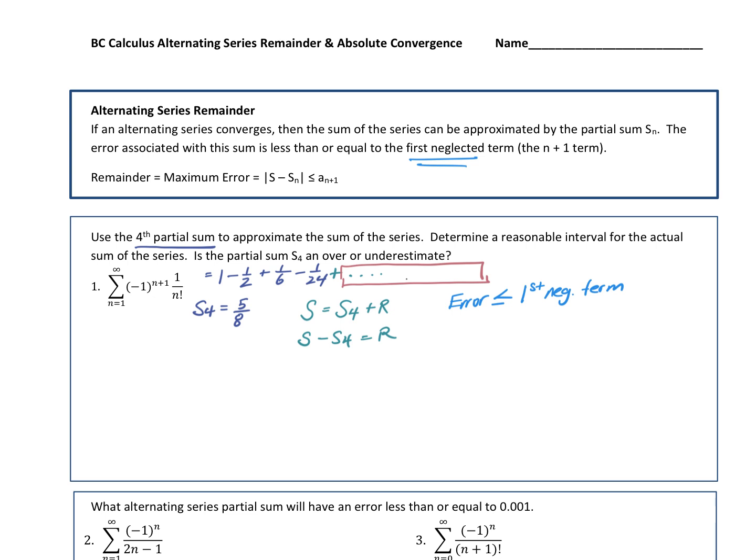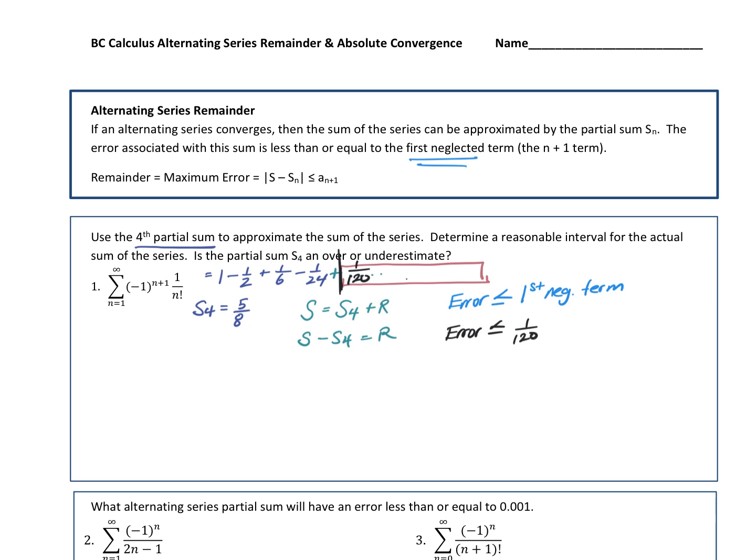So if I'm adding up the first 4 terms, the 5th term is the first neglected term. You always want to go out one more term than what you're summing up. So I would have added one more term, which is 1 over 120. That is what we call our error term. So the error will be less than or equal to 1 over 120.